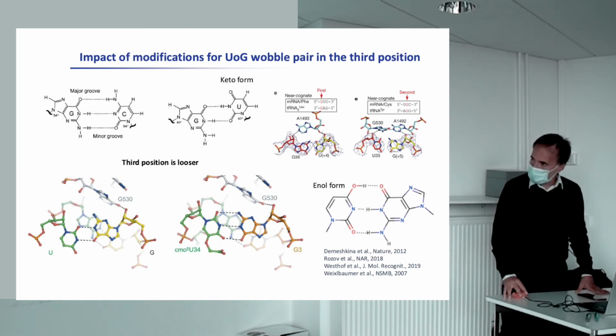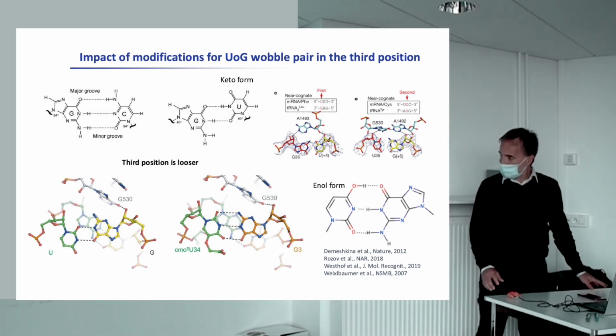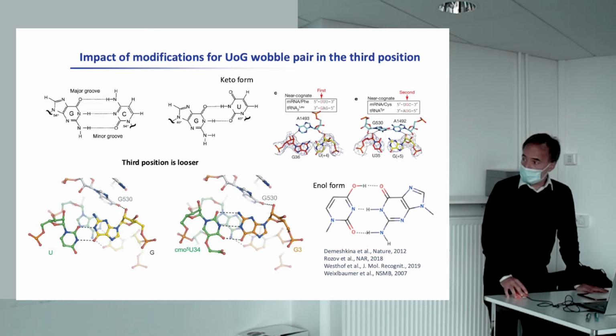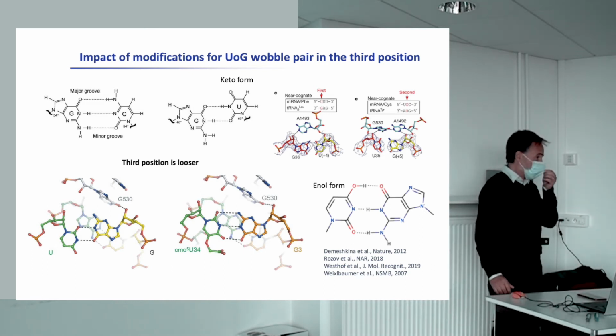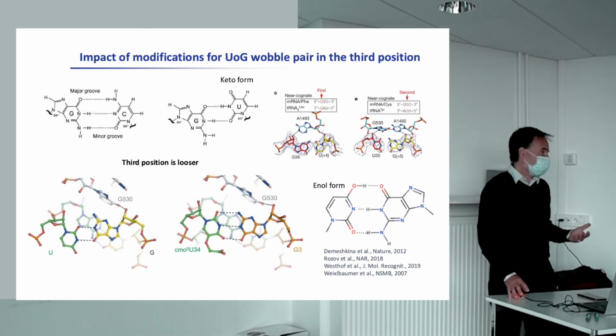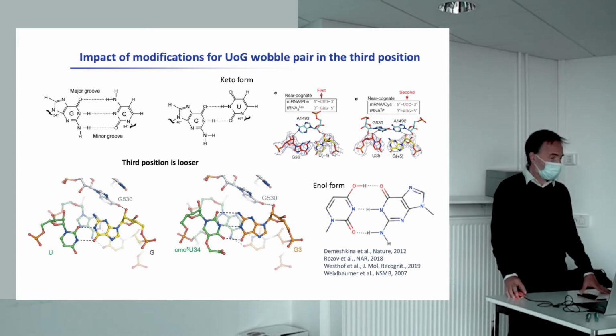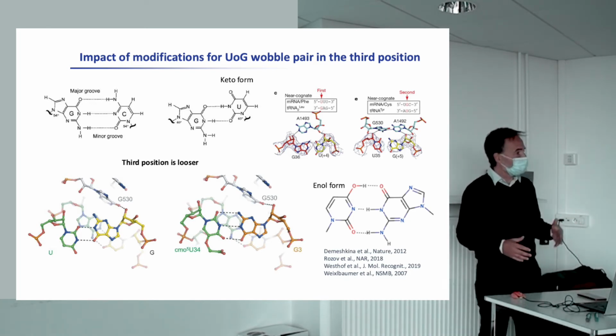For example, the structures that I'm looking at here are from Albert Weixlbaumer. And they clearly show these nice differences. But the resolution of the structure is not enough to see hydrogens. So we can imagine that the reason why we have this Watson-Crick interaction between a modified U and a G is because the U is in the enol form, but we don't have the proof yet.